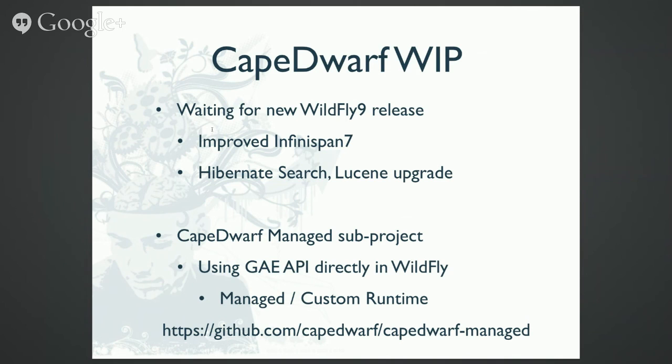And this project, CapeDwarf Manage, creates a proper Docker image, which adds the integration code into each of the requests, setting up proper context or environment so that Google App Engine calls do go properly against the Google backend, right?